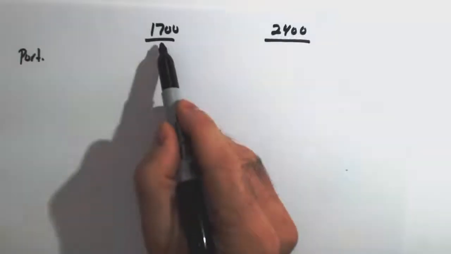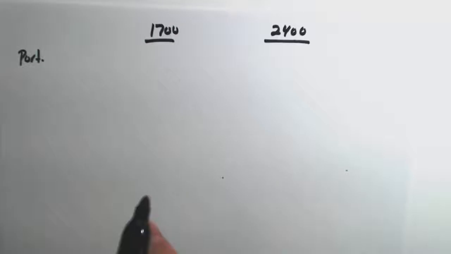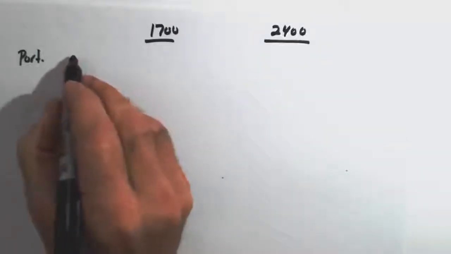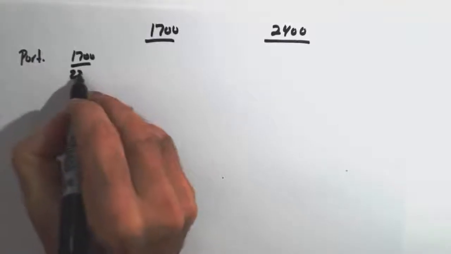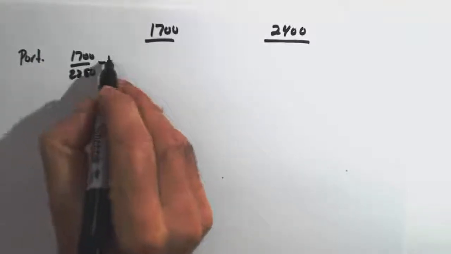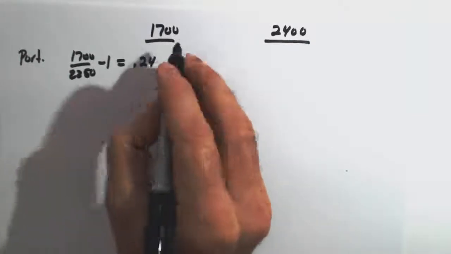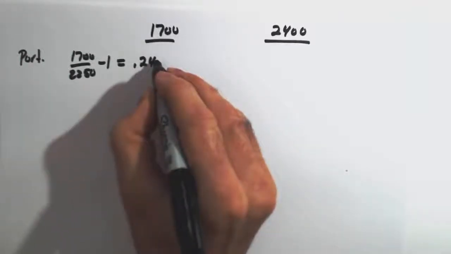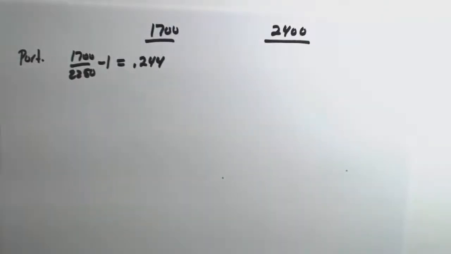Now let's think about it. We have our $10 million portfolio, and how much did our portfolio lose on aggregate? We started out with $10 million, but when the market drops to 1700, what happened to the value of our portfolio? Well, it turns out that 1700 divided by the 2250 where we started out gives a 0.244 loss. So that's a negative.